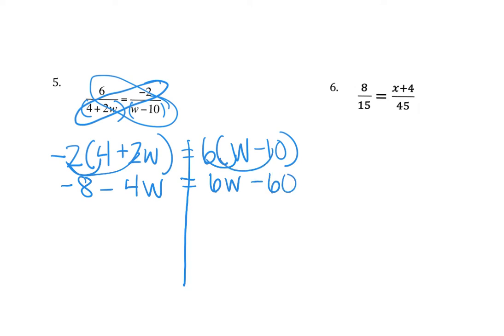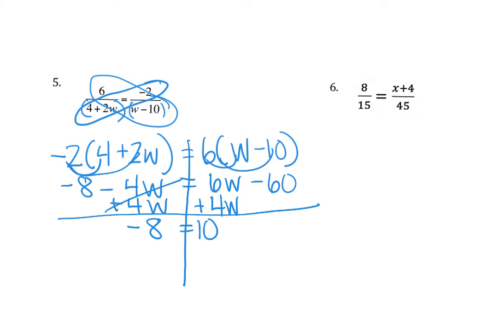All right, so now that I've simplified, notice how we have variables on both sides. And so I need to combine them first. I'm going to add the 4w. I could certainly subtract the 6w, but I think it's just easier if I keep them positive when I can. It won't happen every time. So those canceled out, and I have negative 8 is equal to 10w minus 60.